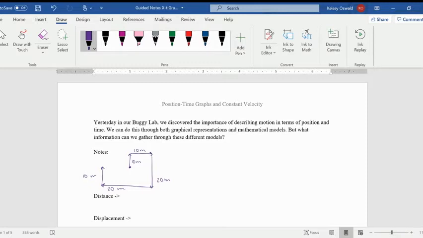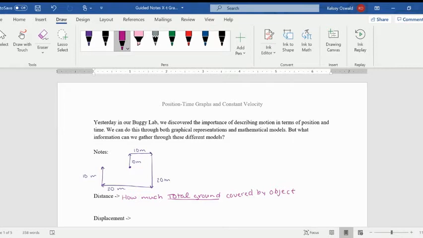The first thing we're going to talk about is distance. Okay, so distance is going to talk about how much total ground. So how much ground in total did our object cover over our time of motion? Okay.